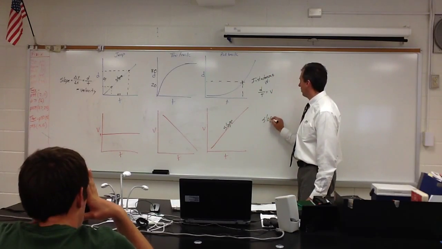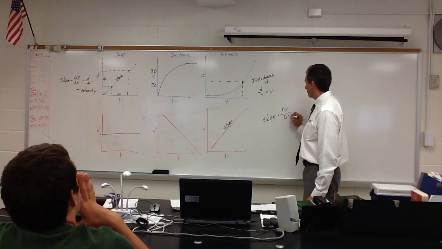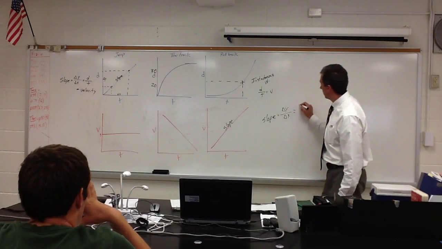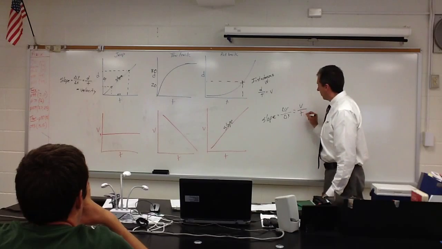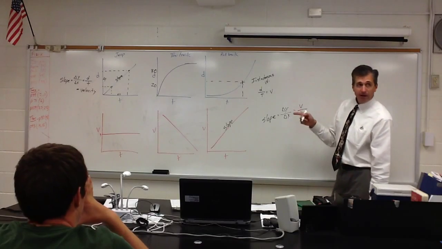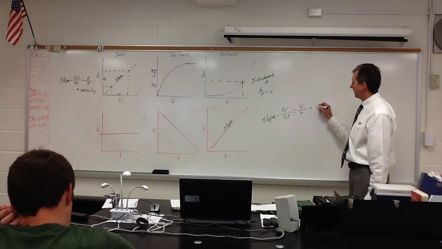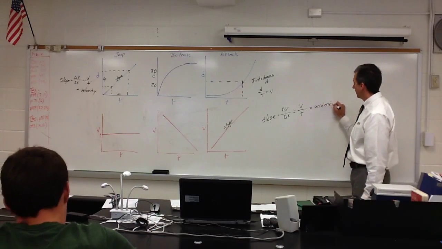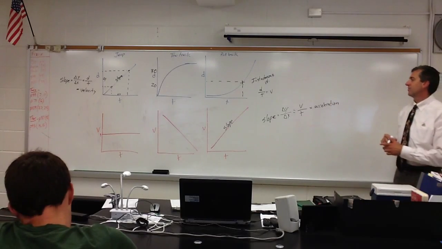So if you're taking the slope, you're doing the change in y over the change in x. The y variable in this case is, everyone? And the x variable is? Well, you don't know what that means yet. But I'm about ready to tell you. Velocity over time is acceleration. We'll come back to that more in the next few days.